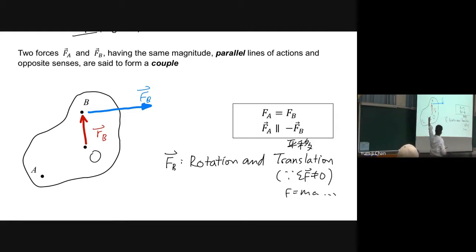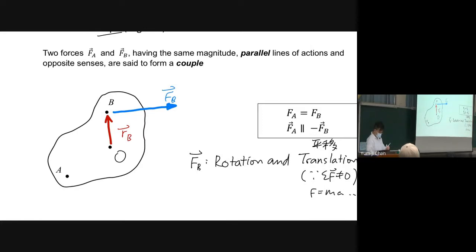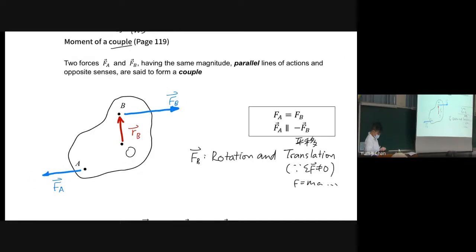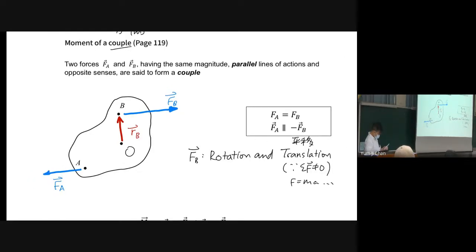Now we have only one force going this way. How about doing this? We add another force here. We have FA here. Of course, I do not draw it very accurately.